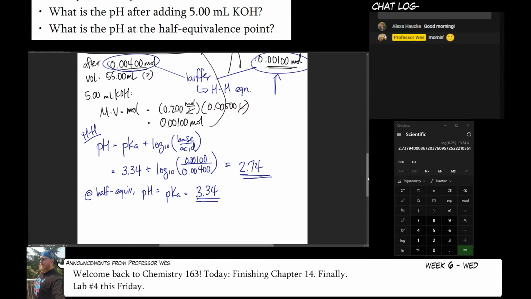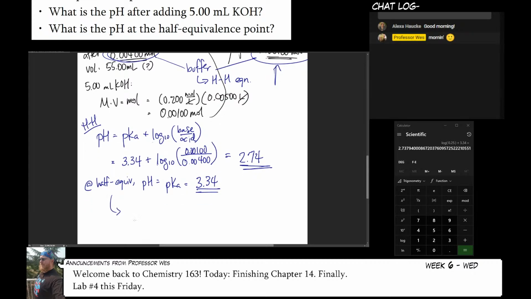And the reason that this works out is that at the halfway point, just as a review, if pH equals pKa plus log of base over acid, at the halfway point, for this particular problem, since there was 0.005, we'd have 0.0025 left over, or something like that.